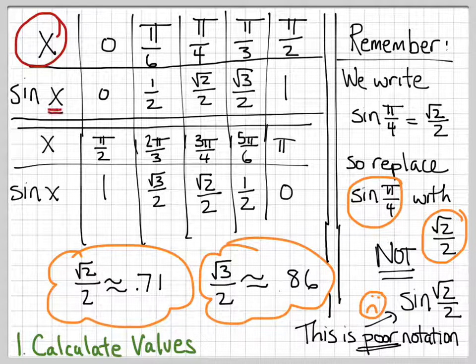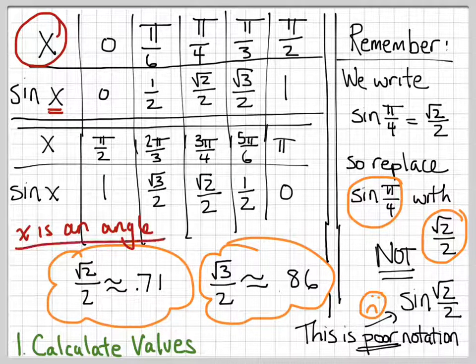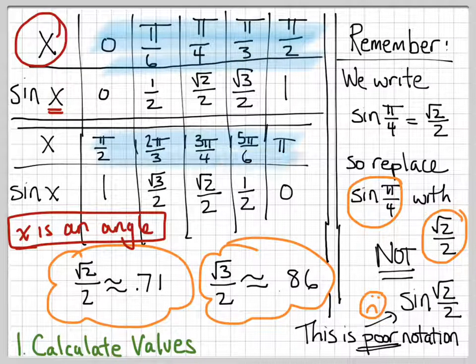And so when I write sine x, x is an angle. X is the angle, not the x value on the circle, right? So sine always eats an angle. So all of these numbers along the top up here, and all of these numbers here, all of those are angles.